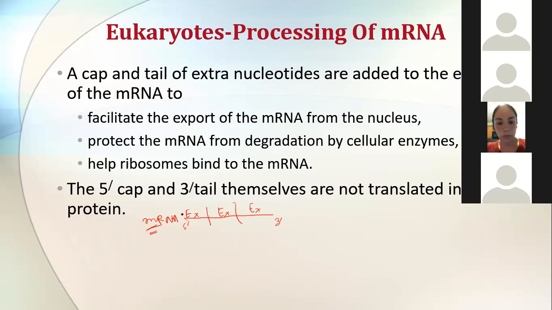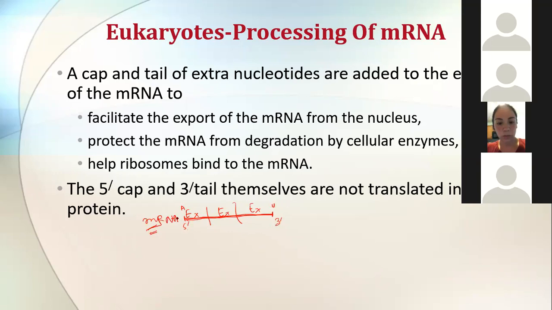What the cell does, at this moment you can understand that we have all our coding sequence, starting from the 5' end all the way to the 3' end, and all of it is very important to make a specific protein. So each and every nucleotide is important here.